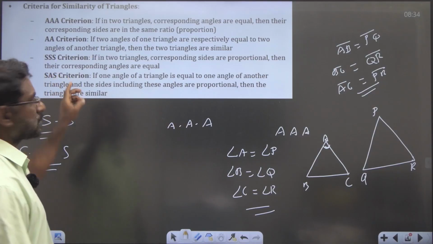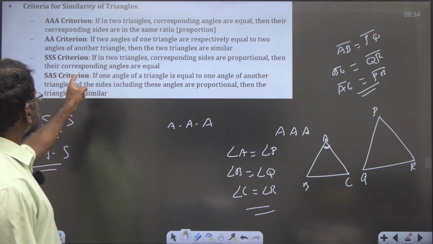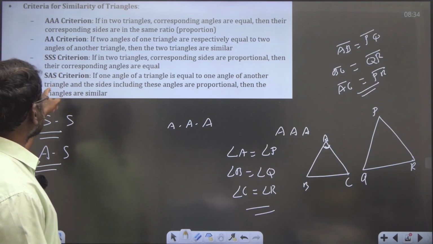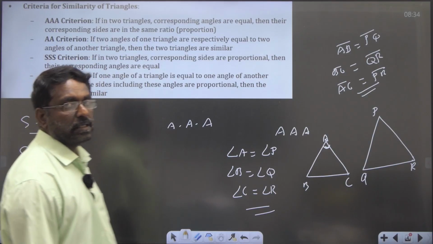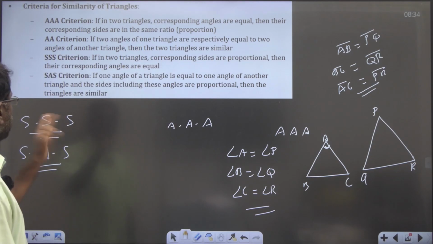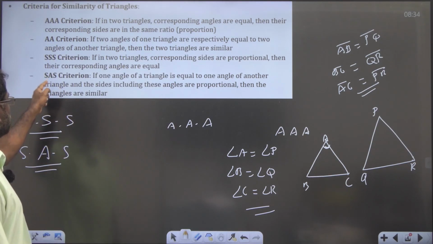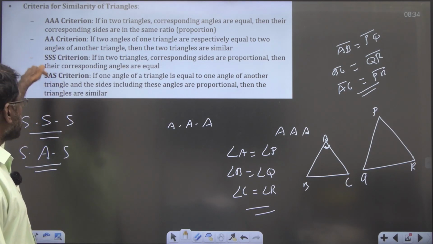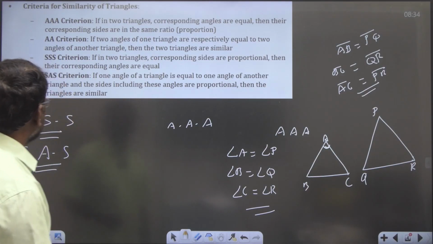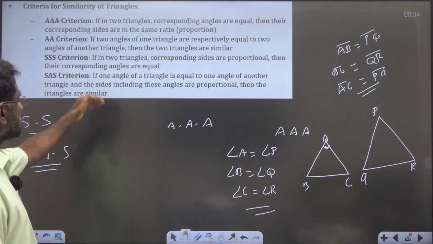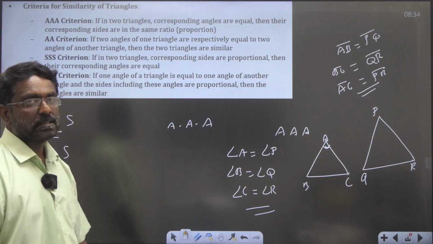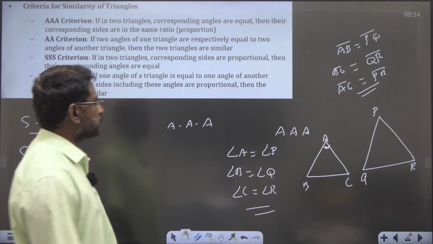Then SSS: if in two triangles corresponding sides are proportional, then automatically their corresponding angles are equal. Then last is the SAS criterion, side, angle, side. That means these two sides include this angle. If one angle of a triangle is equal to one angle of another triangle and the sides including these angles are proportional, then the triangles are similar. Okay.